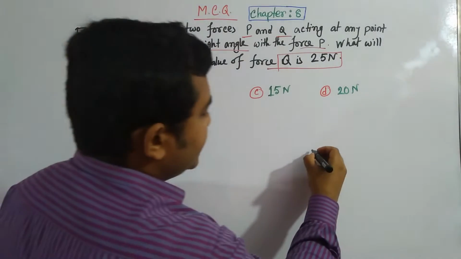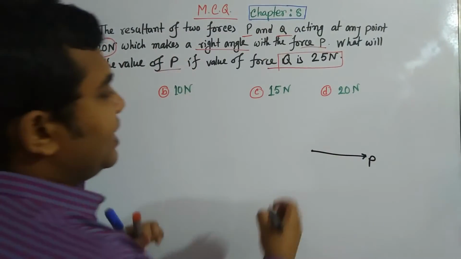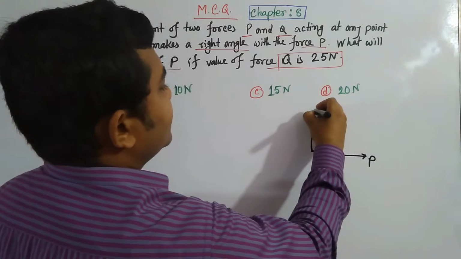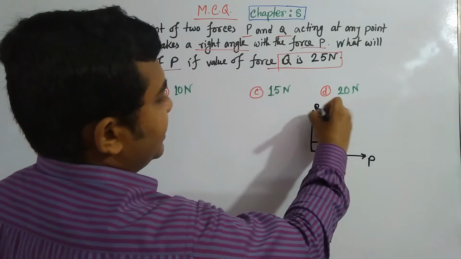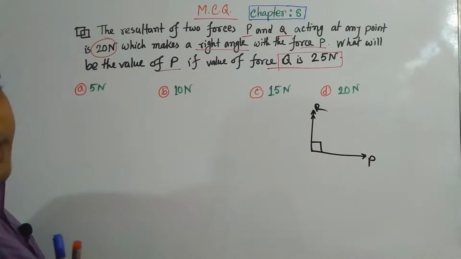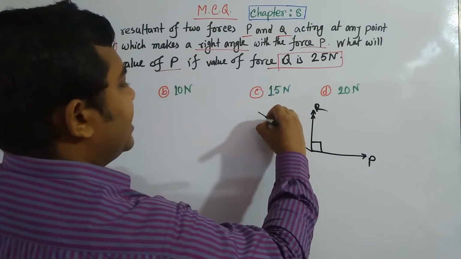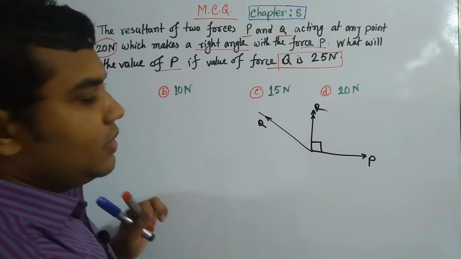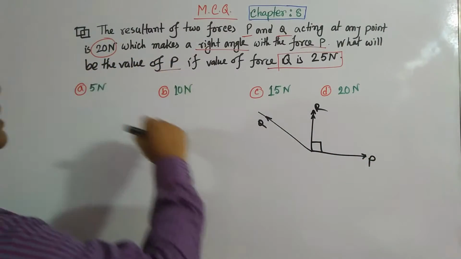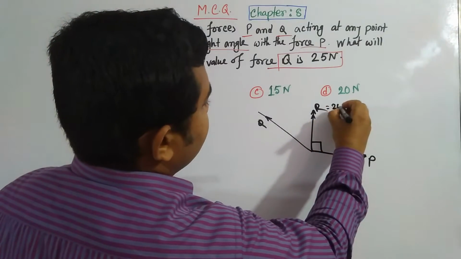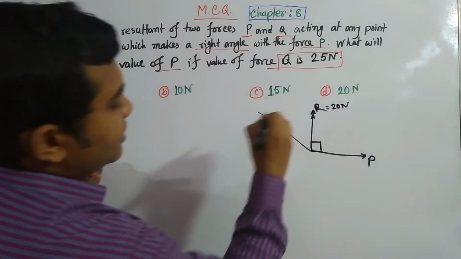Say for example this is our force P, and the resultant is acting at a 90-degree angle with it. So this is our resultant, and the other force Q must go in that direction. The question has given that the resultant's value is 20 Newton and the value of Q is 25 Newton.